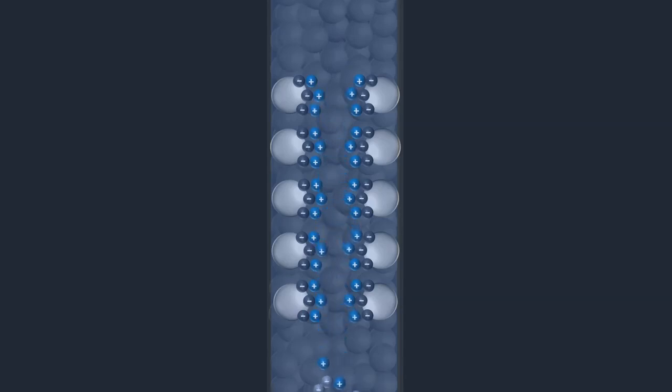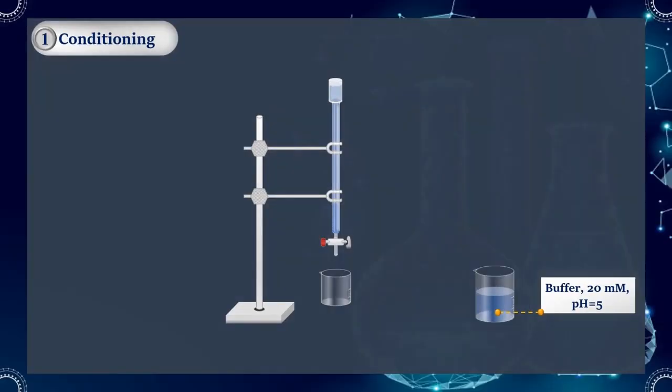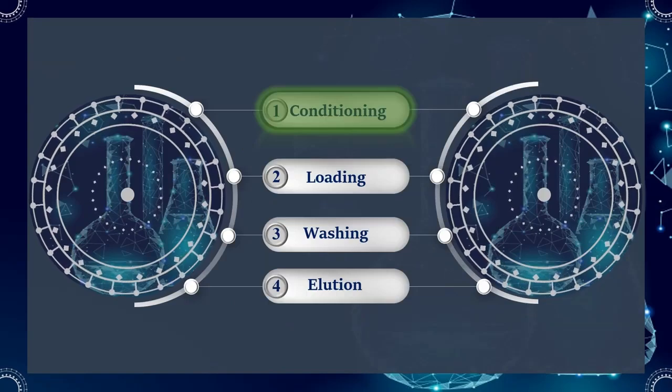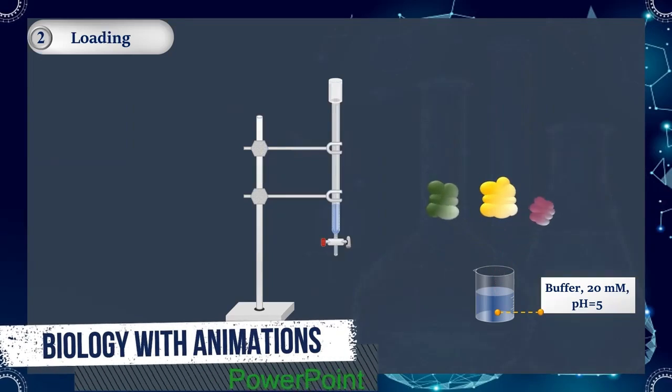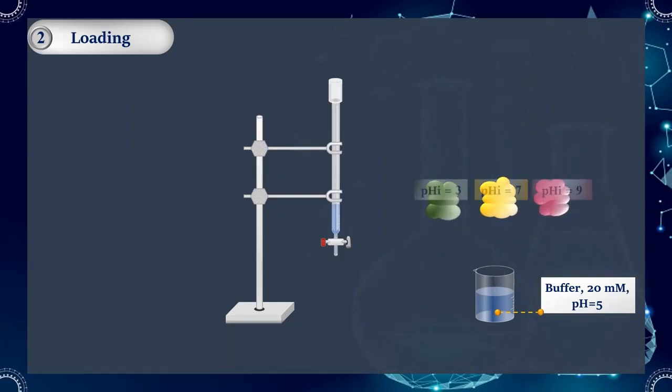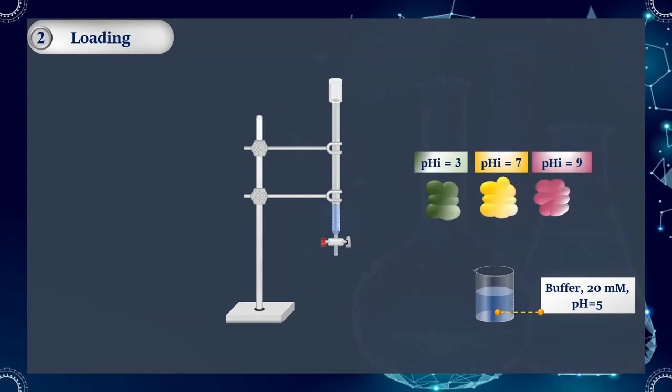Depending on the pH of their environment, proteins may carry a net positive charge, a net negative charge, or no charge. This net charge can be determined by comparing the pI of each protein with the pH of the buffer. Proteins are large biomolecules consisting of one or more long chains of amino acid residues. Amino acids are organic compounds that contain amine and carboxyl functional groups, along with a side chain specific to each amino acid.